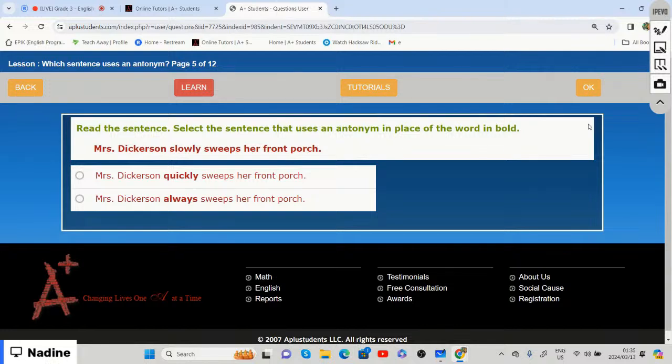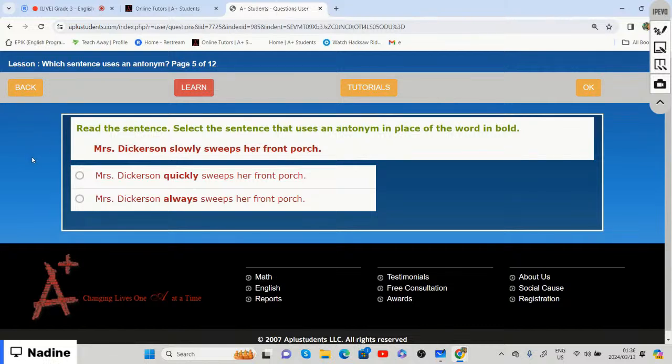Mrs. Dickerson slowly sweeps her front porch. So we say common is correct.